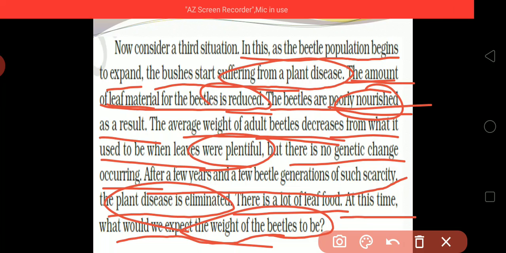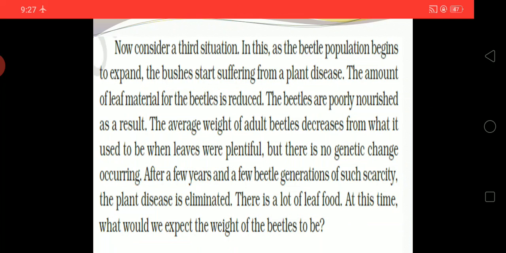After a certain time, the plant suffering from the plant disease was eliminated, was removed. So now the beetle will get a sufficient amount of plants and leaves, and it will get a proper amount of nourishment. So it will be alright.